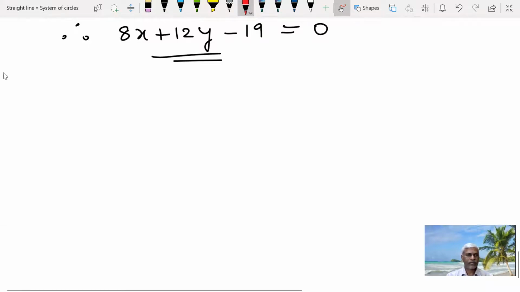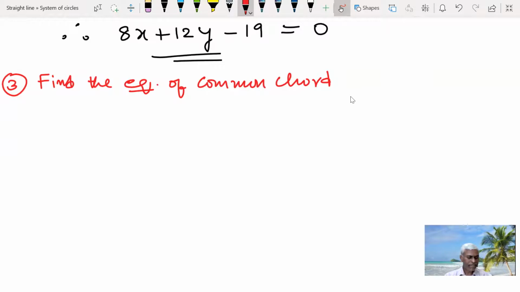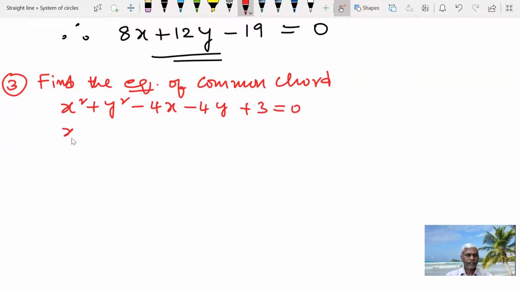Now let us take up one more. Find the equation of the common chord of x square plus y square minus 4x minus 4y plus 3, x square plus y square minus 5x minus 6y plus 4.